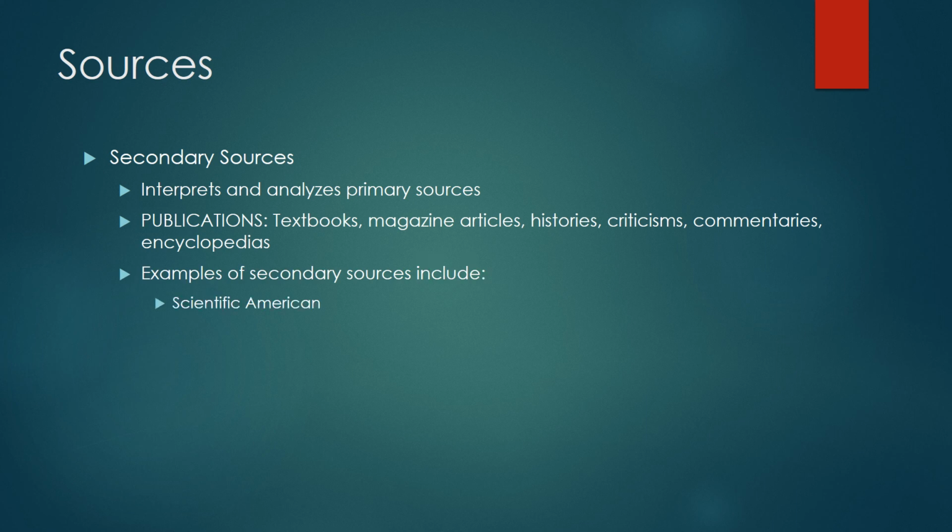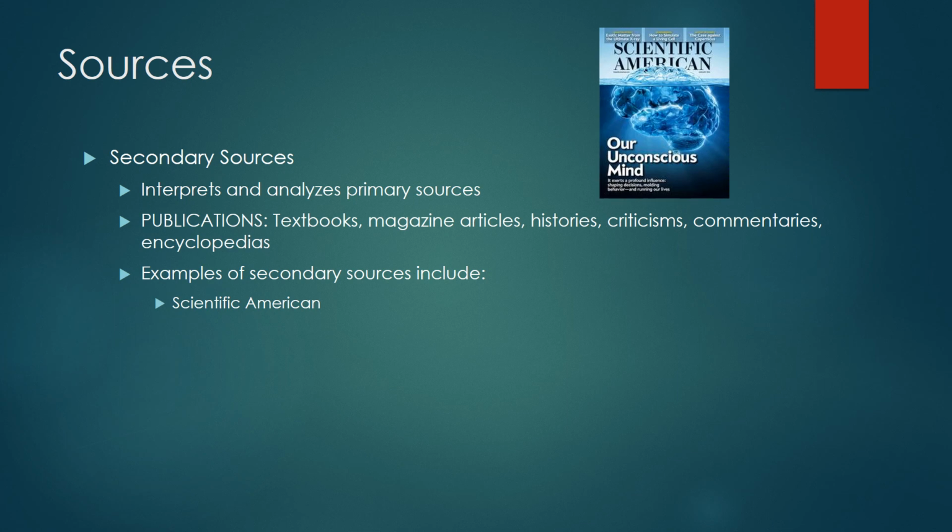So examples here are like Scientific American. It looks kind of like a journal, but it's really a magazine. It is a collection of other people's ideas, and they've put it together that way. It is not a journal. It is for consumers, not for people in a specific field.